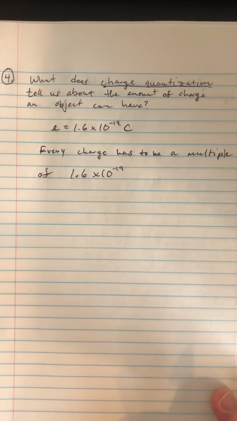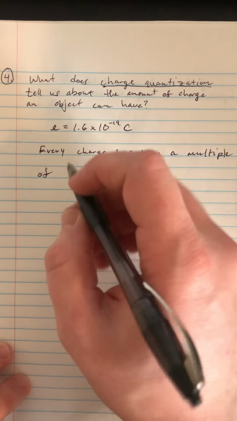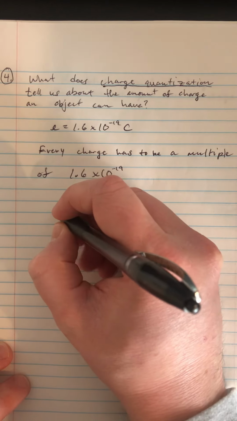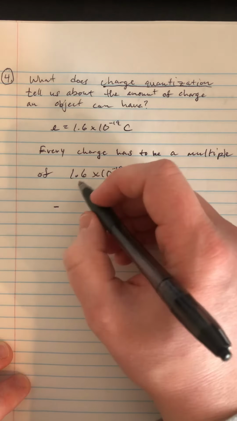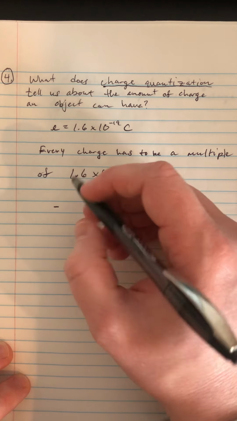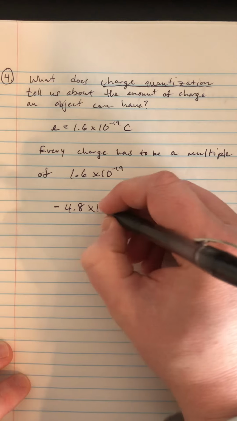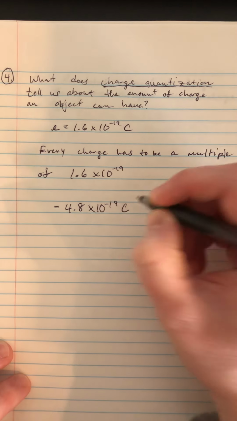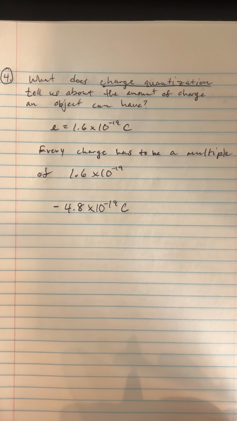And I think I gave you guys an example, right? Let's just do another one, right? If we, for example, say something has a charge of negative 4.8 times 10 to the negative 19th coulombs, right? Just to give an example.